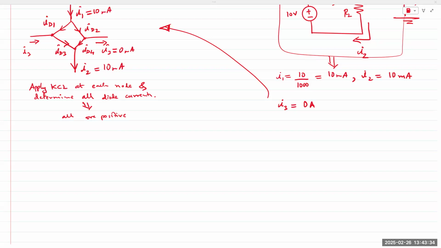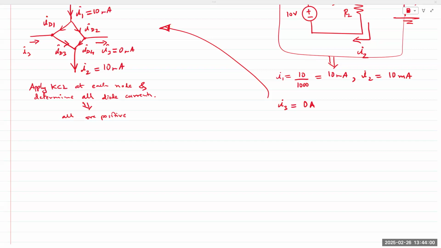So the question being asked is if we made a different assumption, meaning let's say some diodes are on and some diodes are off. For the on diodes, we need to find the current. For the off diodes, we need to find the voltage. If there's an off diode, that means the diode voltage must be negative. You can do that as practice.